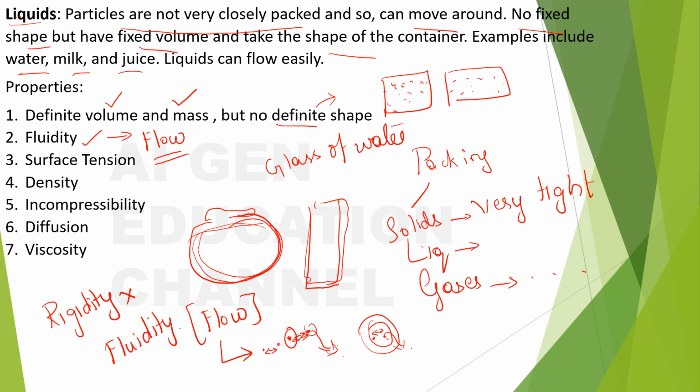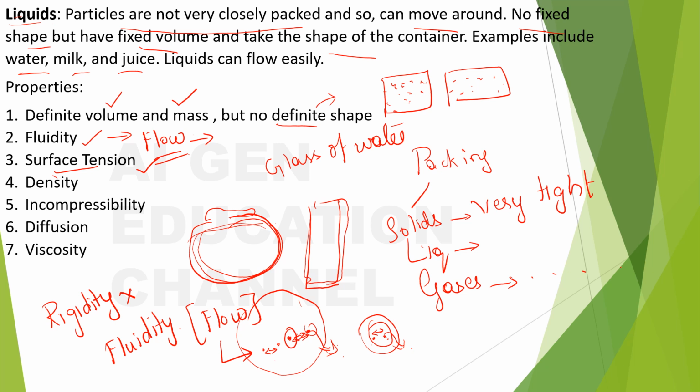It's very easy or convenient for you to understand that liquids can flow. Very easy thing, instead of getting into all this attraction and all that. And how about the surface tension? Surface tension is a concept that you don't need at this level, but I'll give you one basic thing.